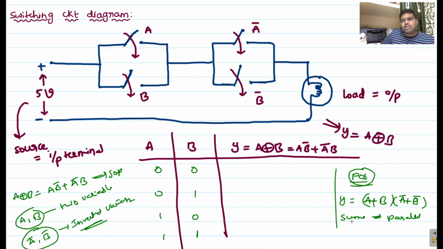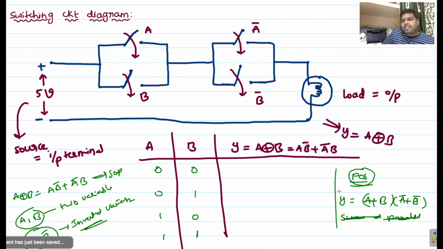Otherwise this is not possible always. Just remove this, no problem. Here you can observe this A and this B, these two are in parallel switches, so this is possible in product of sum. Here we have A plus B, and that sum we consider as a parallel combination, and here we have A bar plus B bar. That is also a sum, so we can consider a parallel combination of A bar and B bar.